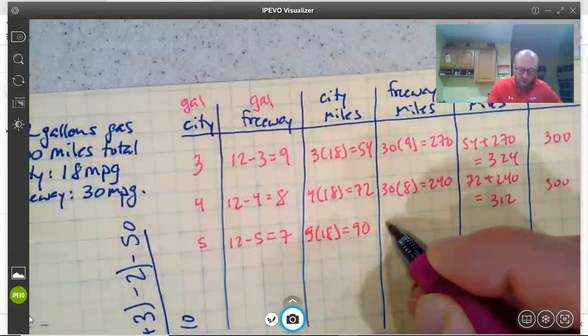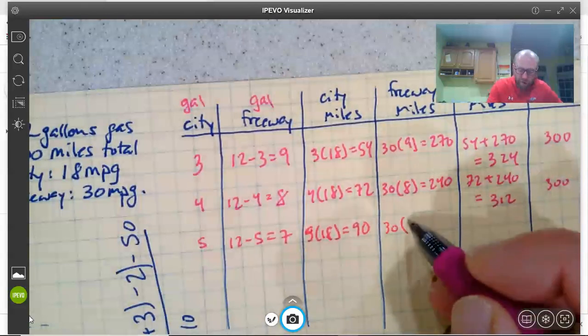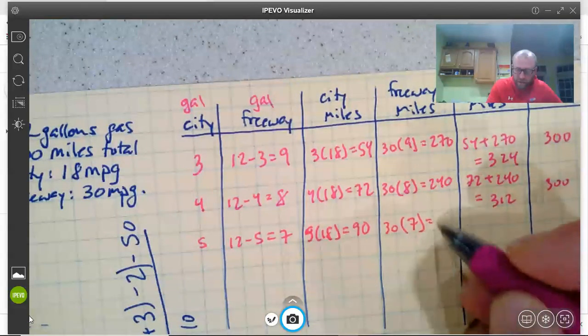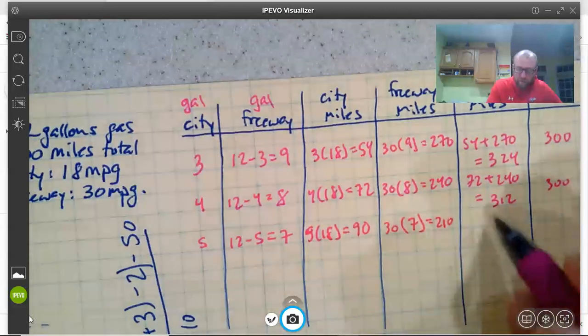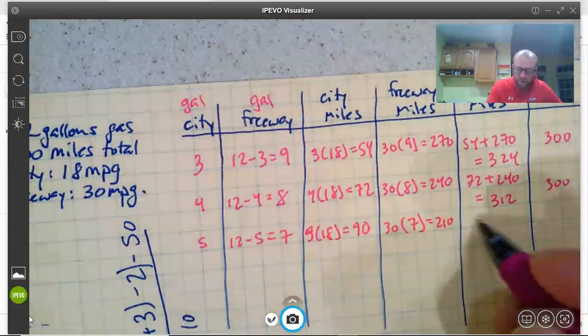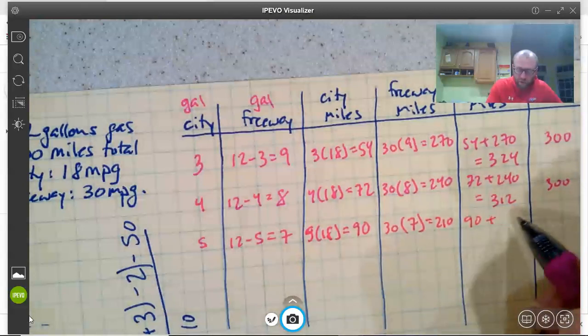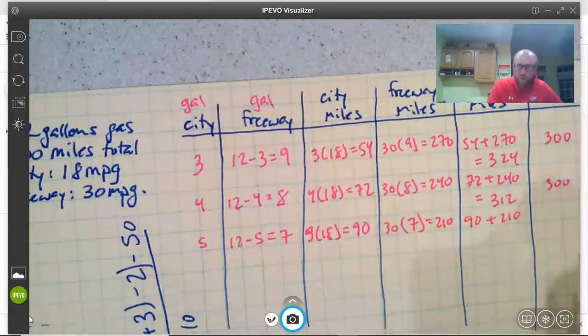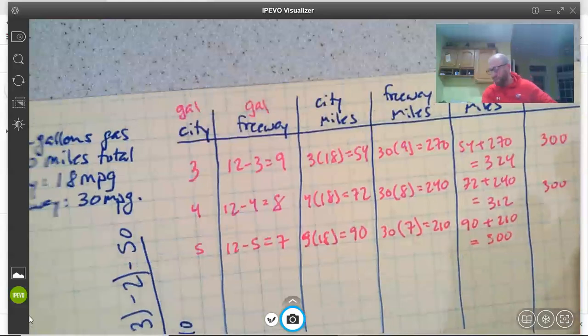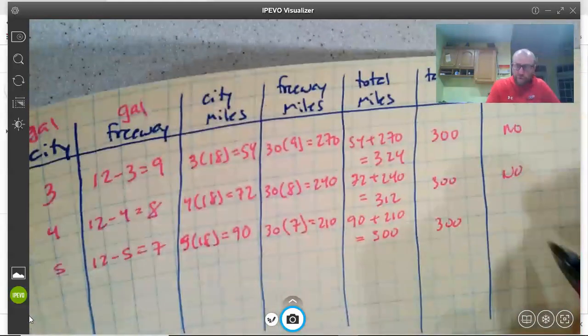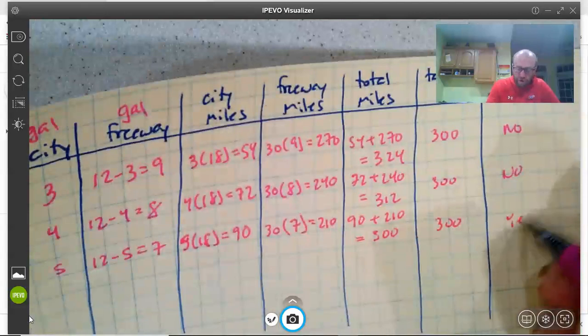For our freeway miles, we've got 30 miles per gallon times the remaining 7 gallons equals 210. We have a good feeling about this. And then for our total miles, we have 90 city miles plus 210 freeway miles equals 300 miles total. And our target was still 300 miles, so check.